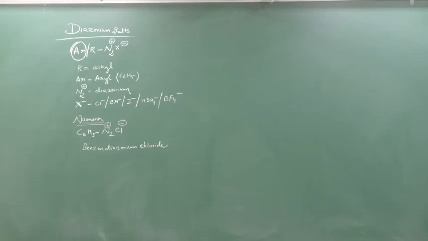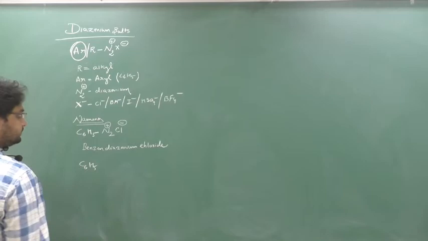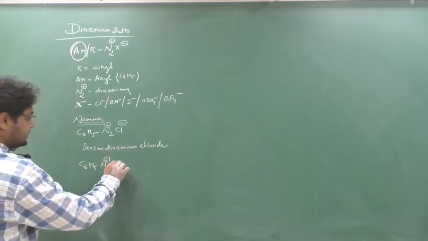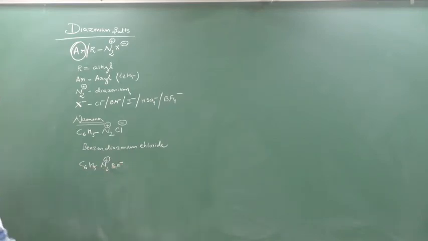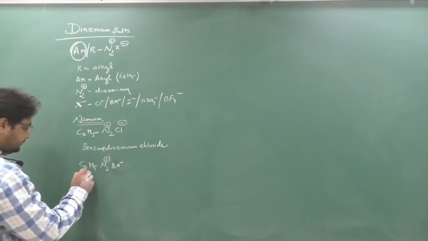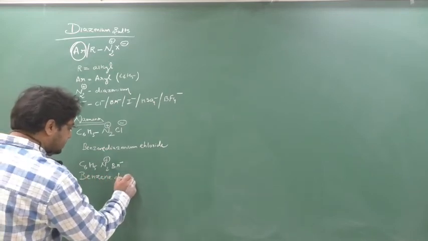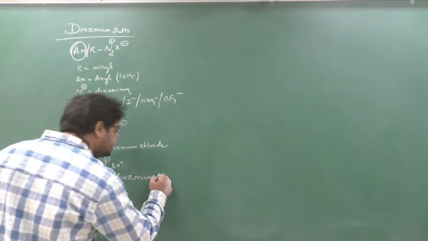Or if I take C6H5 N2 here plus and I minus or Br minus, this name will be benzene diazonium bromide.